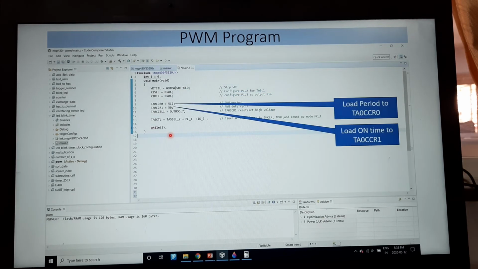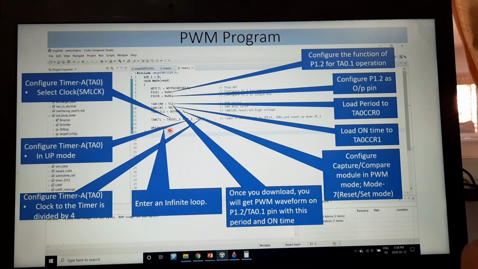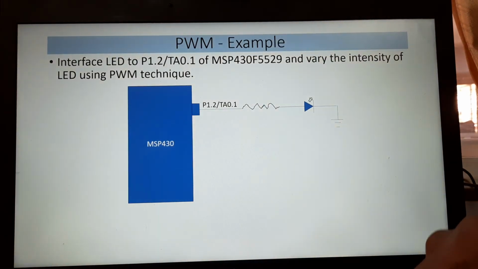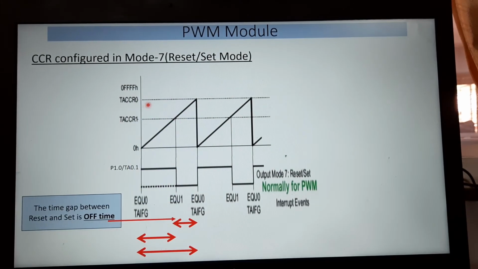As I already told, I am going to load TA0CCR0 with a value which is the period of the waveform. So let us go back to the previous slide. I am going to load a value to TA0CCR0 which defines the period of the waveform, and a value to TA0CCR1 which defines the on time of the PWM waveform.